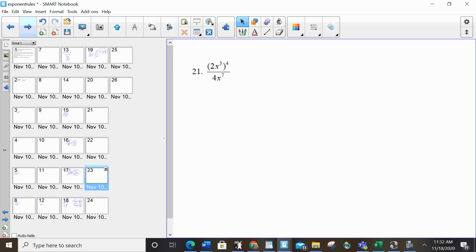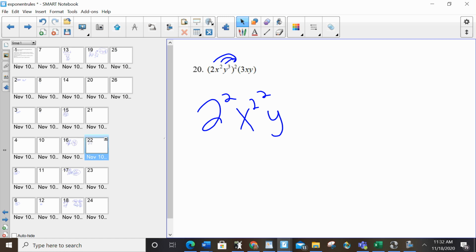Starting with 19, it's a combination of the things we've already done. So let's do maybe 1 or 2 of them, and then I'll let you do the rest on your own. So number 20, the first thing you need to do, since you have an exponent outside parentheses, is give it to everything inside. So it becomes 2 to the 2nd, x squared to the 2nd, y to the 3rd to the 2nd.